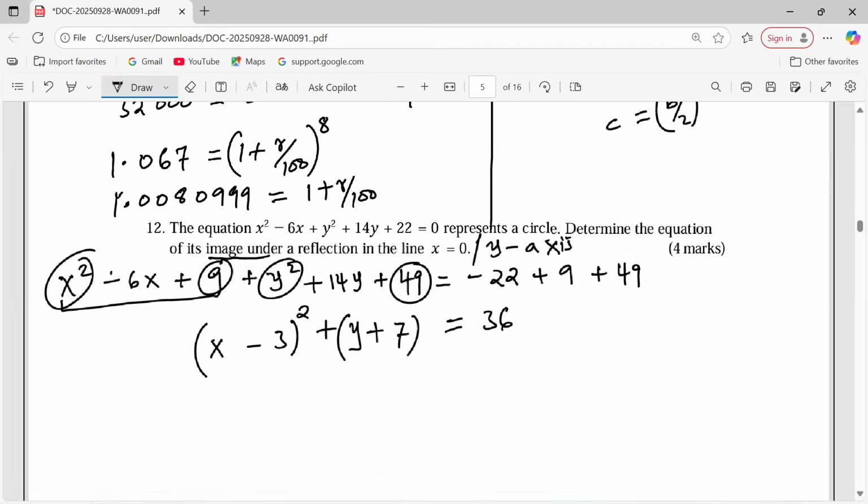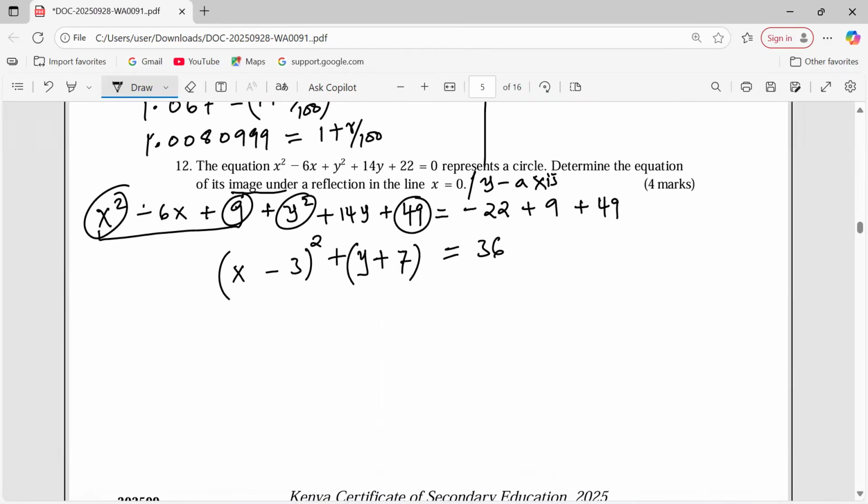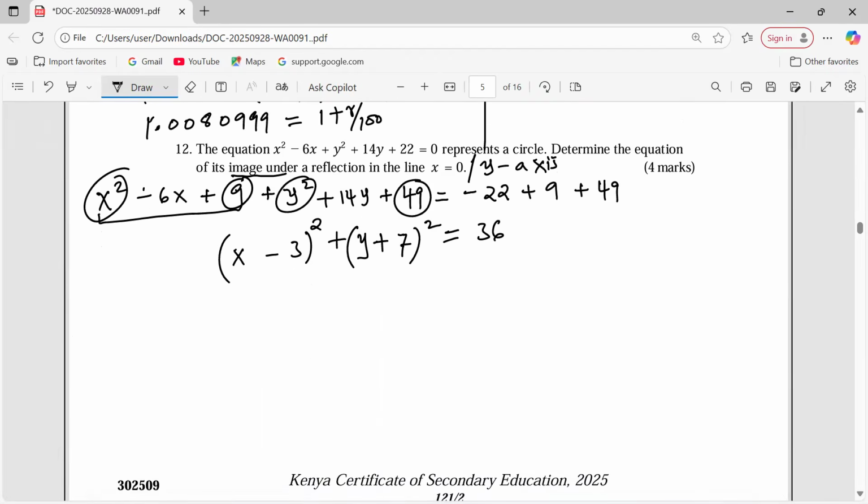So with the equation simplified to this level, we can extract the center of the circle as (3, -7), like that. Then the radius of the circle is the square root of 36, which is 6 units.